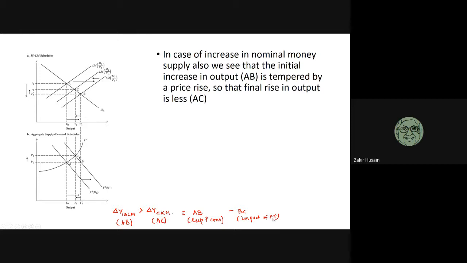Now we introduce flexible prices, so there's a fall in output, BC. So the net effect is from A to C. Okay, so please try to work it out for yourself. Don't just copy it. Close the book or your notebook, take another paper and try to draw the diagram yourselves.